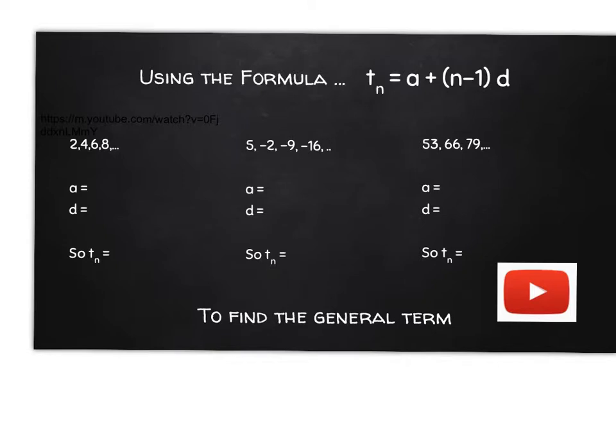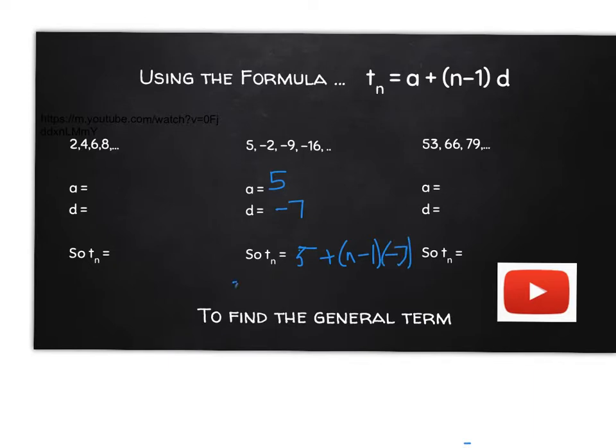Let's try a couple more. So for the second one, the first term is a equals 5, and my common difference would be -7. So my Tn would be, using the formula above, 5 plus n minus 1 times -7.